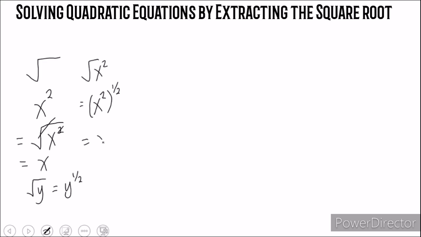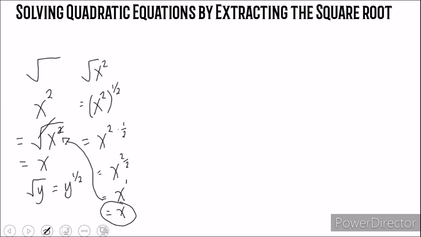So, ang mangyayari dyan ay x squared times 1/2. That will give us x raised to 2 over 2, which is equal to x raised to 1, which is also equal to x. Kaya, na-cancel na siya doon. Naging x na lang siya. So I hope naintindihan nyo na ngayon yung relationship ng radical sign at yung perfect square, pag kukuha natin ng square root.